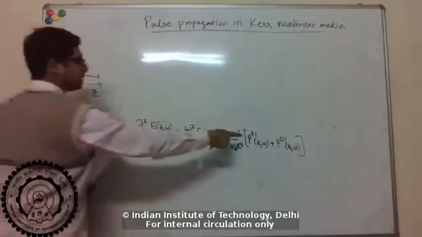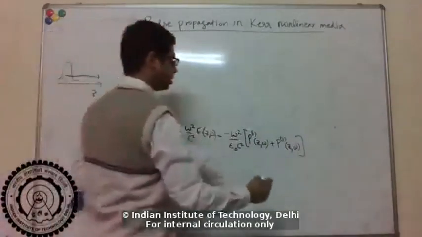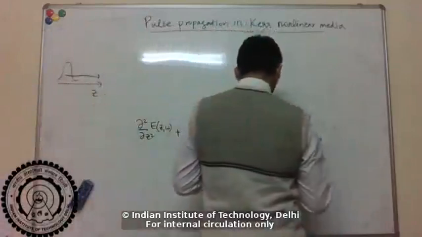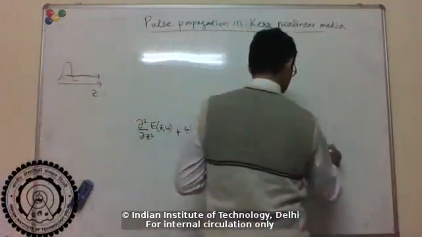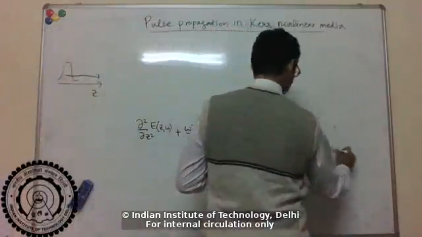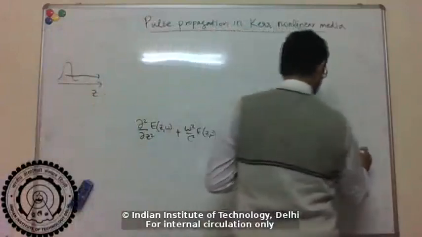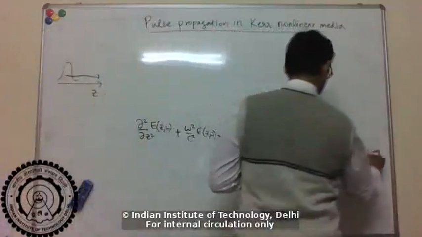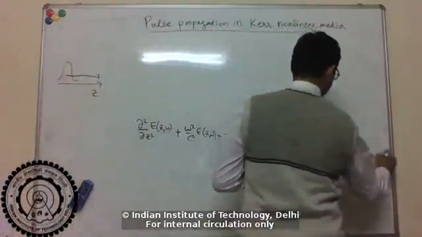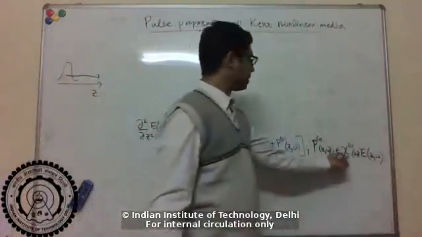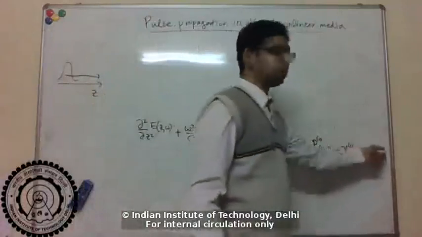Right. So the linear polarization is just the linear susceptibility times the electric field, right? So we know that the linear polarization is the linear susceptibility times the electric field by definition.